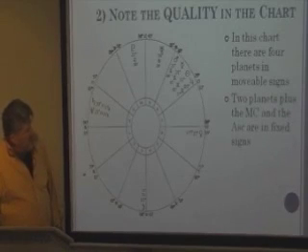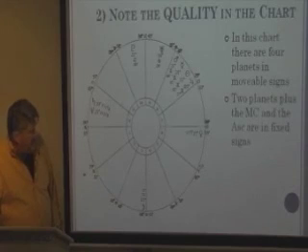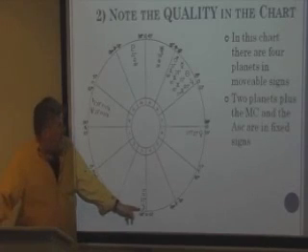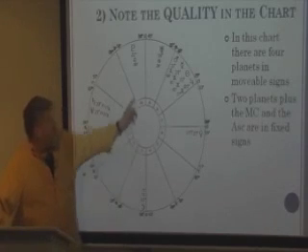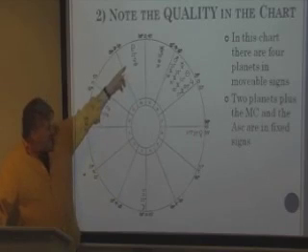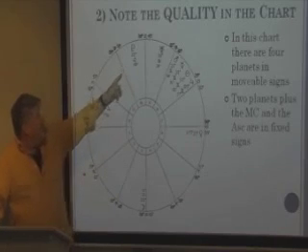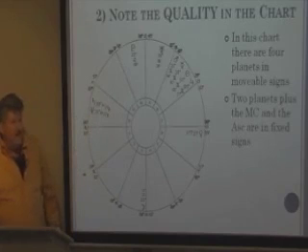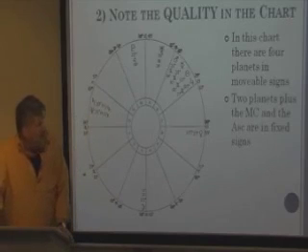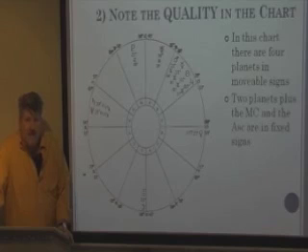There are 2 planets, plus the midheaven and the ascendant in fixed signs. Moon in Aquarius, Pluto in Leo, midheaven in Leo, ascendant in Scorpio. So that's almost an equal amount in the fixed signs, which are the perfecters of the zodiac.